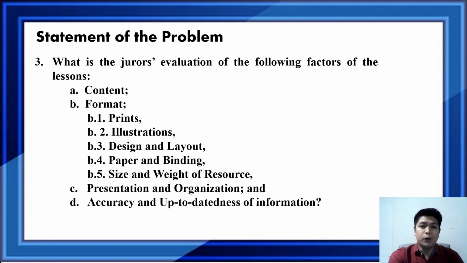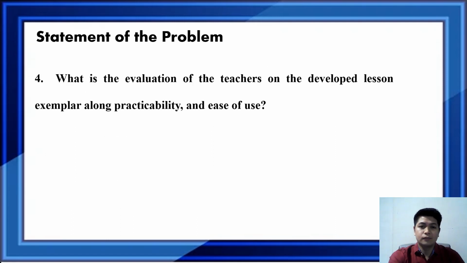And the last one for the format, accuracy and up-to-datedness of information. And fourth, what is the evaluation of the teachers on the developed lesson exemplars along practicability and ease of use?